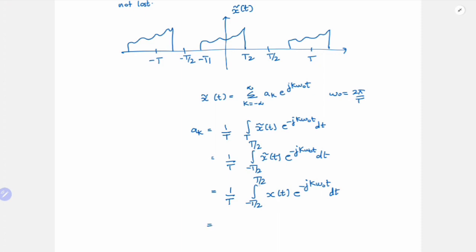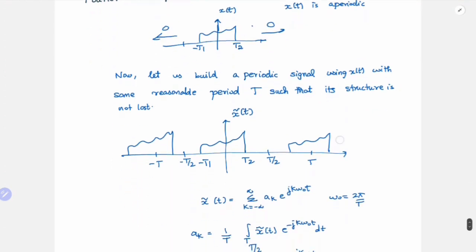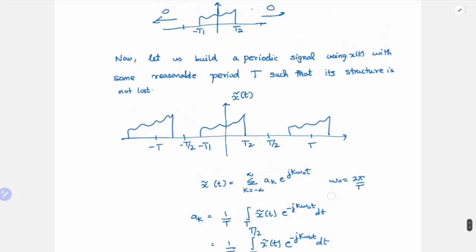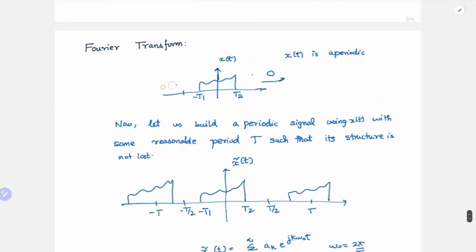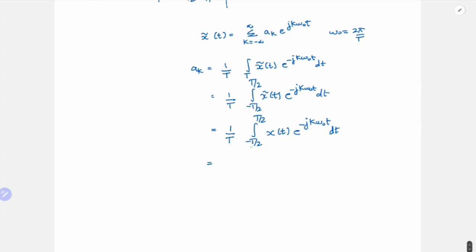Okay. Now I want to remove the dependence on T in the integral. If you observe x of t again, it is anyway going to be 0 on both sides. So it won't matter if I replace T by 2 with infinity, minus infinity to infinity, because it will be 0 anyway. So I'll replace minus T by 2 to T by 2 with minus infinity to infinity.